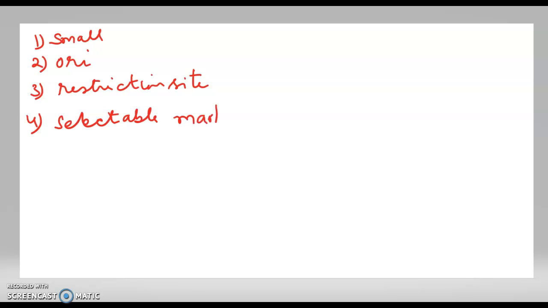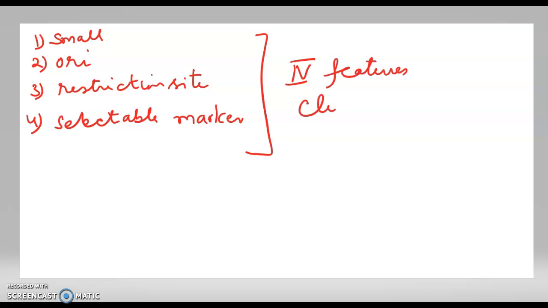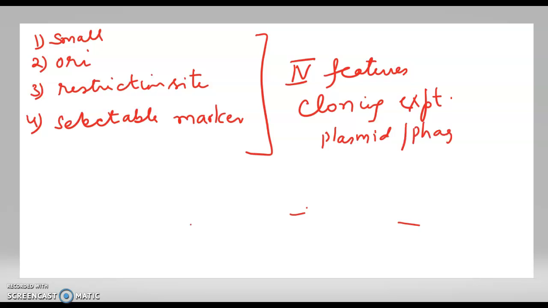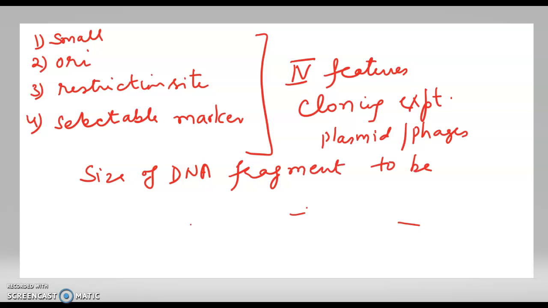Any vector having these 4 main features can be used successfully in any cloning experiment. Another thing is how we select whether we should take plasmid or phages or other kinds of vectors. That depends upon the size of DNA fragment to be inserted in vector.